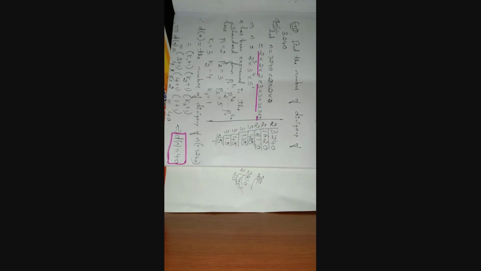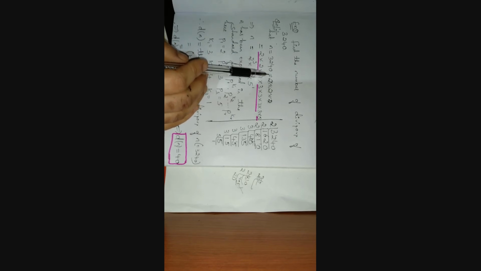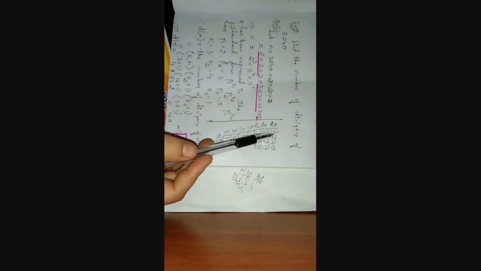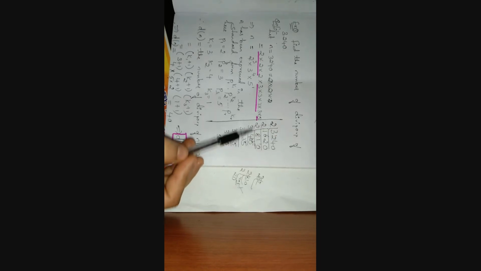So, how I have taken the problem, how I have started it, you can see here. First step: n is equal to 3240. Then you take the LCM and list out all these prime numbers. You should begin with 2, because 2 is the first prime number. If it is not possible with 2, go for 3.